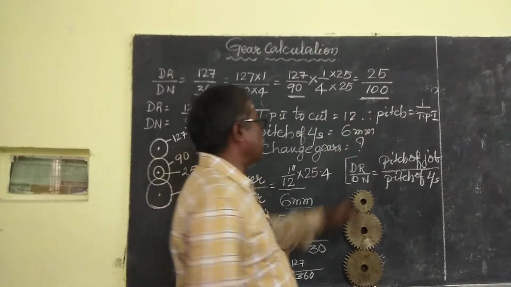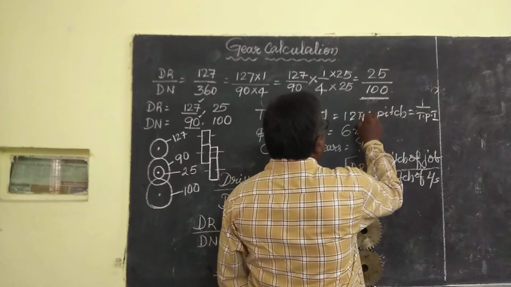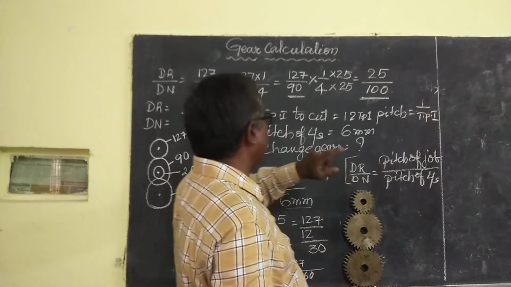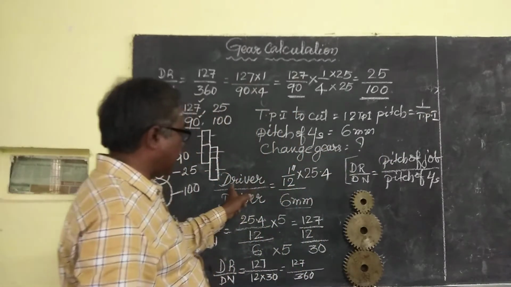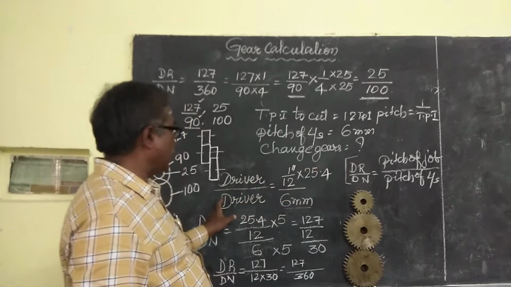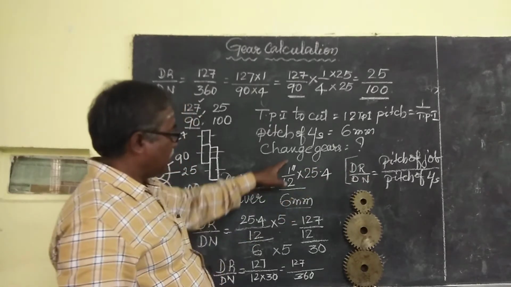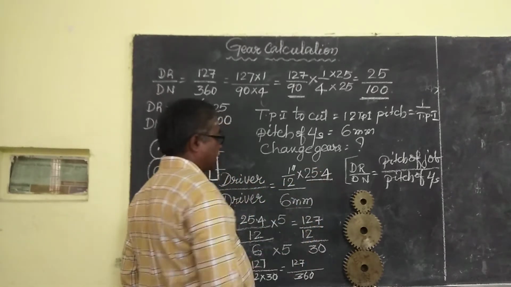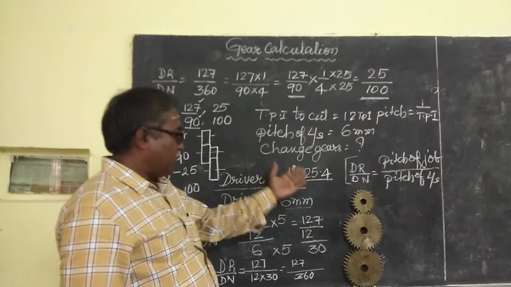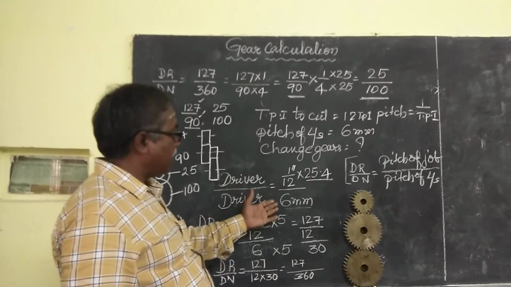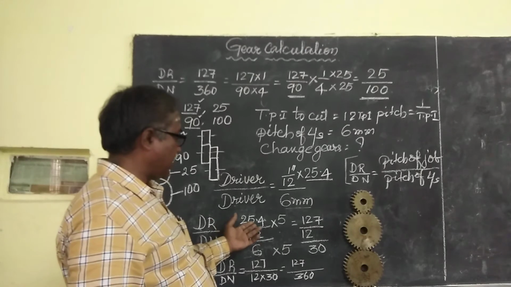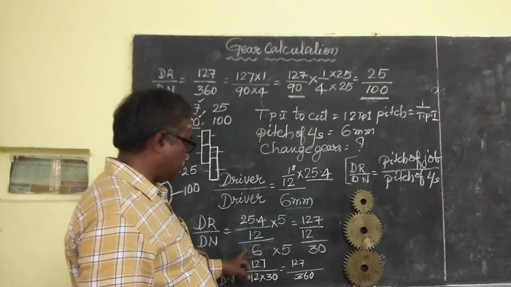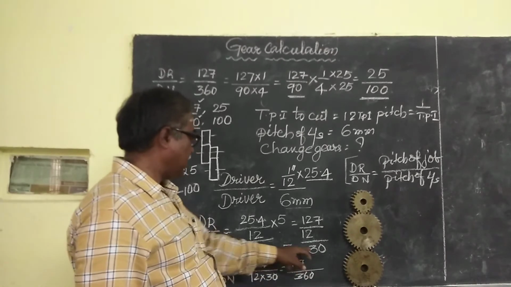To cut 12 TPI, listen: the pitch is equal to 1 by TPI. Driver, pitch of the job, by driven, pitch of lead screw, is 1 by 12 into 25.4. This is the conversion factor, to convert it into millimeters. Then we got 25.4 into 5, 127 by 12 by 6 into 5, 30.